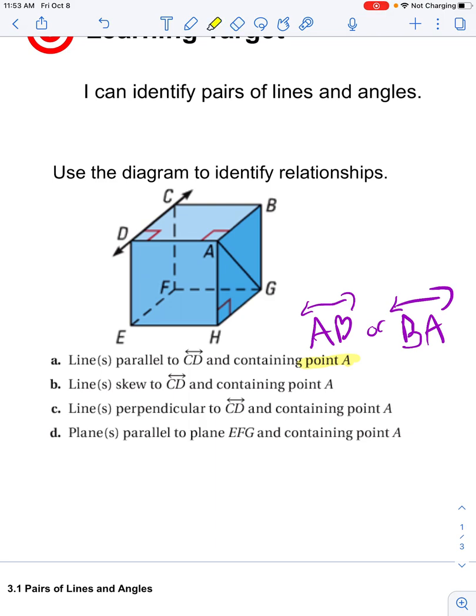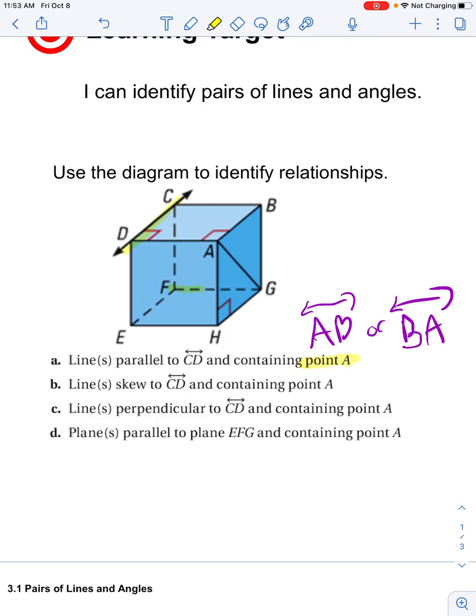All right, so let's take a look at part B. Lines skew to CD. Skew means they're on different levels, so they're actually not going to intersect. They would intersect if they were on the same level.